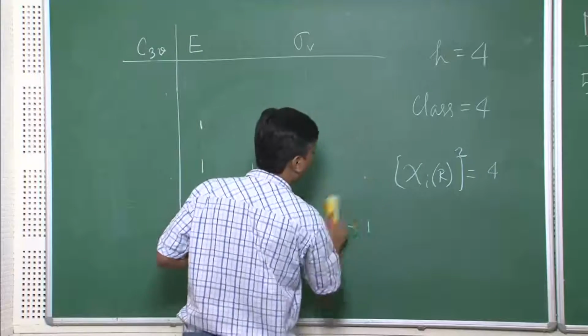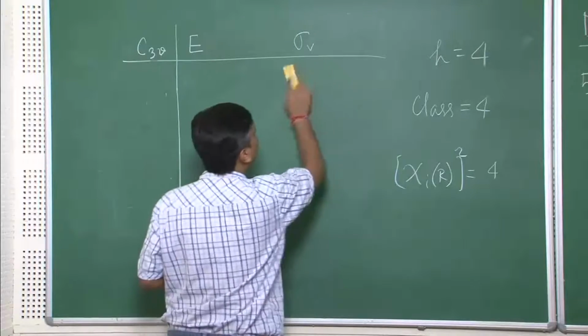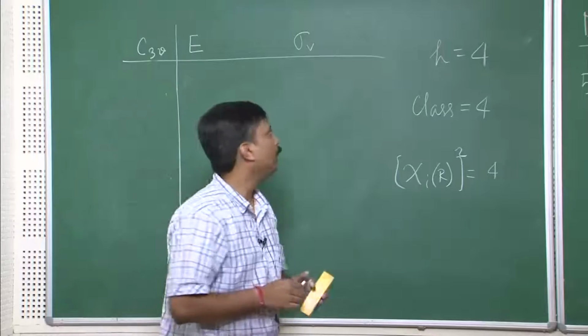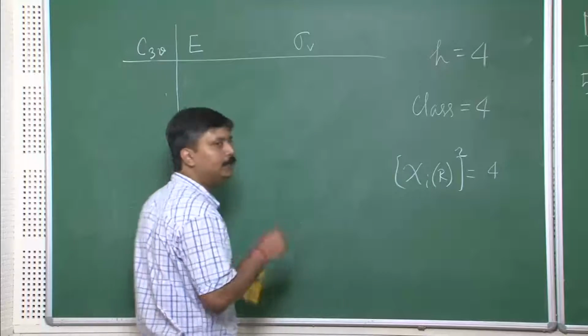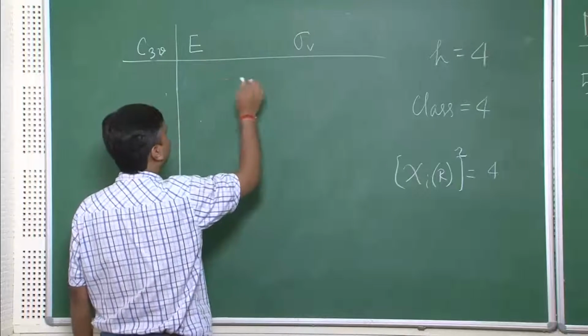How many symmetry operations does C3v have? It has a total of 6 symmetry operations, 2 C3 and 3 sigma v's, and of course identity is there.